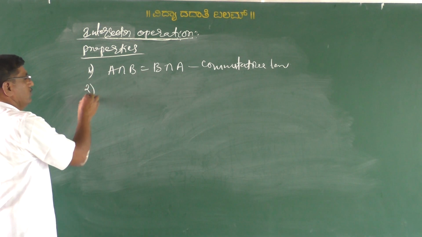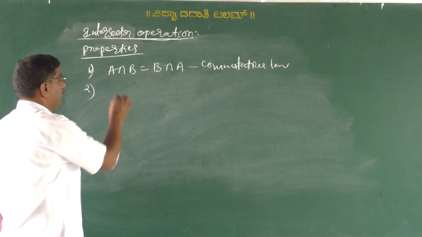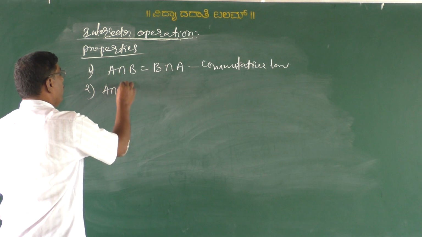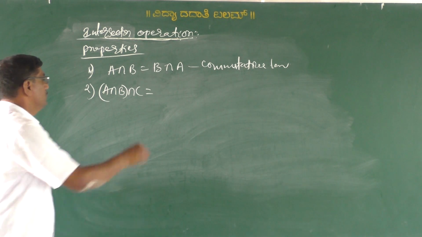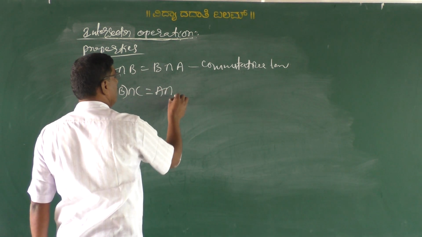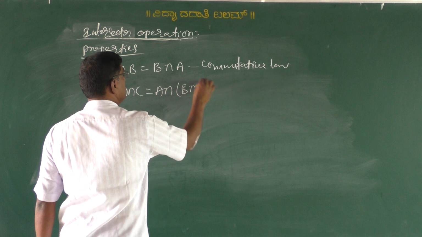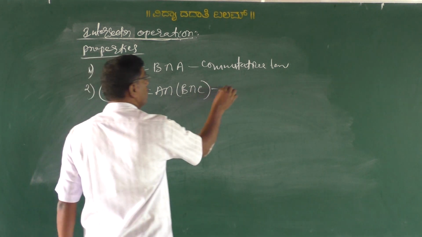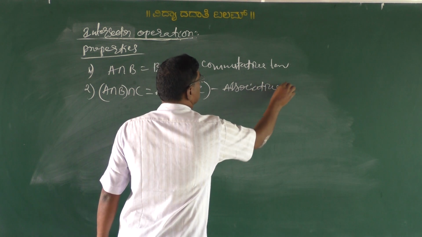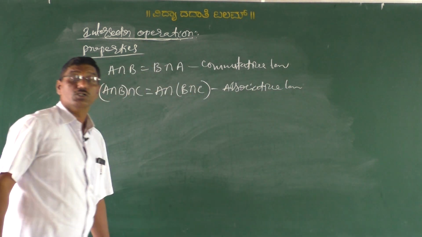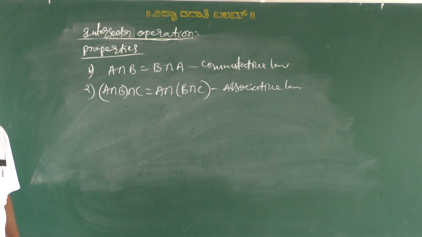Second one is the associative property: A intersection B intersection C is equal to A intersection of B intersection C, called the associative law or associative property.